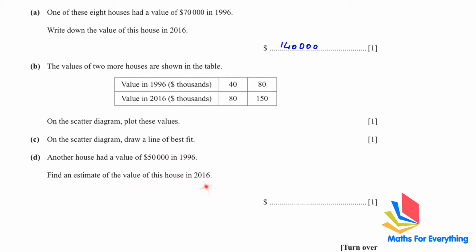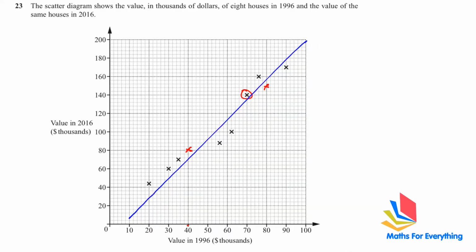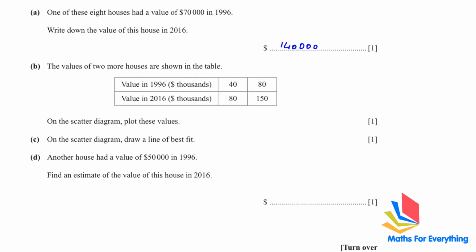Find an estimate of the value of this house in 2016. So 50,000 is here, and from the line of best fit, we can circle the point here. What is it? It's 90,000. If your answer is between 80,000 and 110,000, it will be accepted.